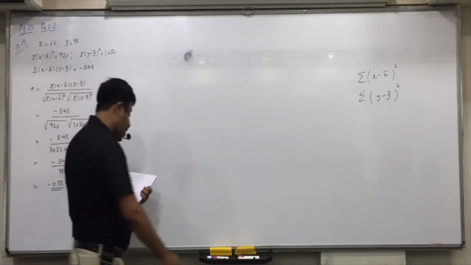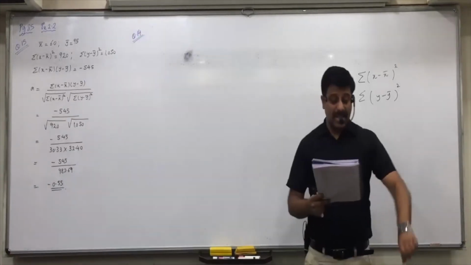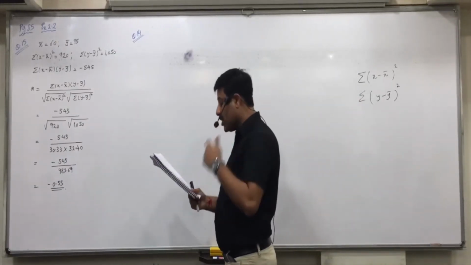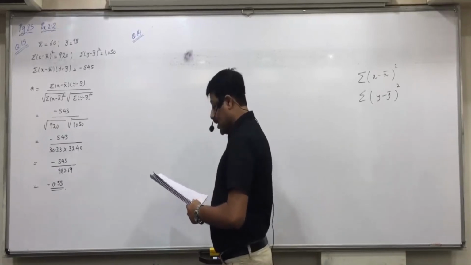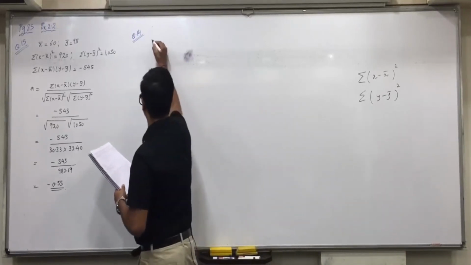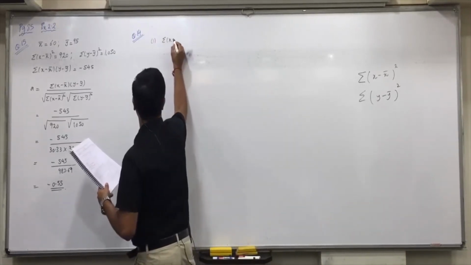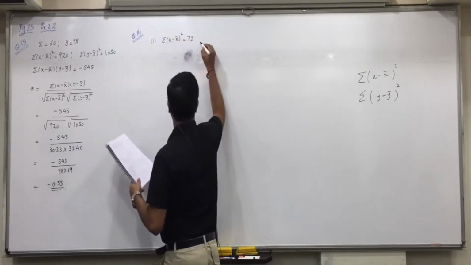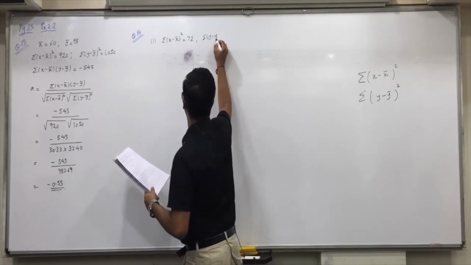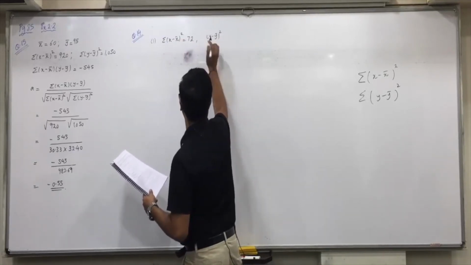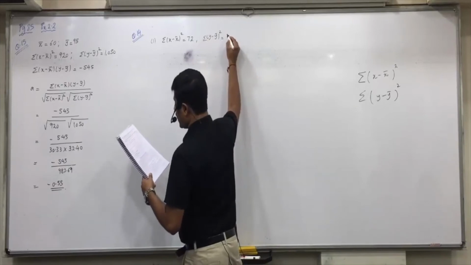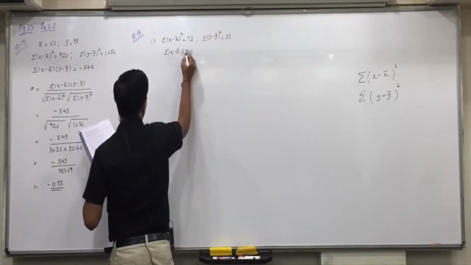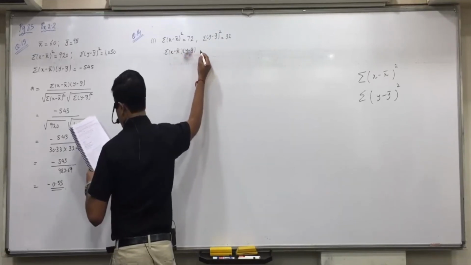Look at question number 14. Silence everyone. First sub question. Determine the value of correlation coefficient from the following data. Sigma x minus x bar whole square is equal to 72, sigma y minus y bar whole square is equal to 32, and sigma x minus x bar into y minus y bar is equal to 45.